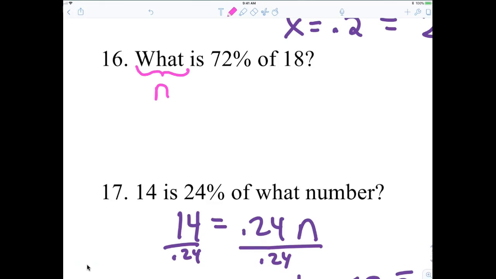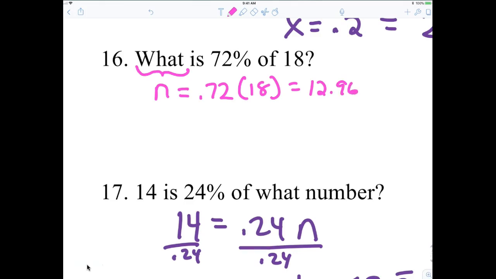There you go. Now, how do I write 72%? That's correct. 0.72. Of in math means multiply by 18. So do that real quick and tell me what the answer is. 12.96.